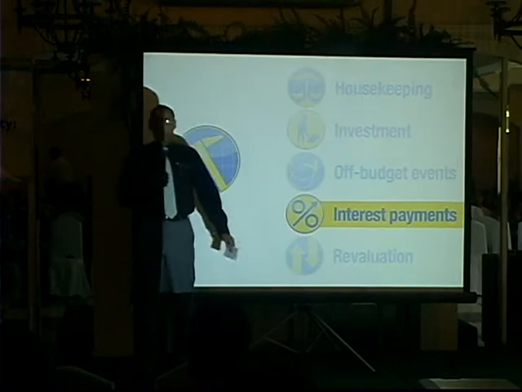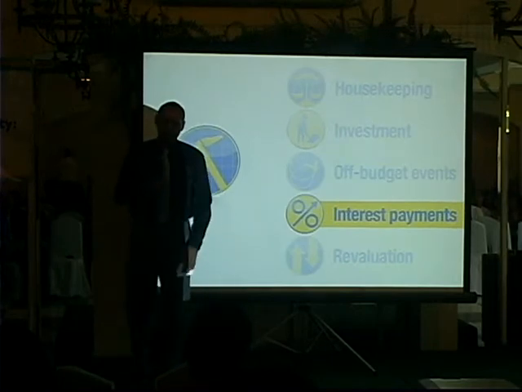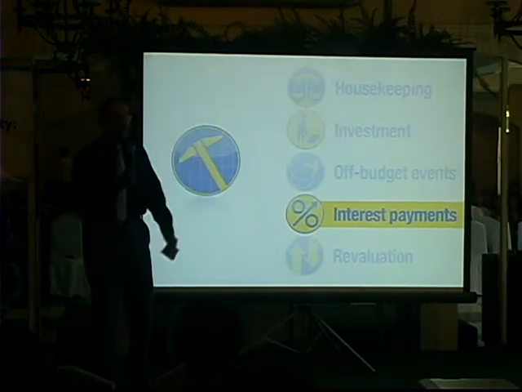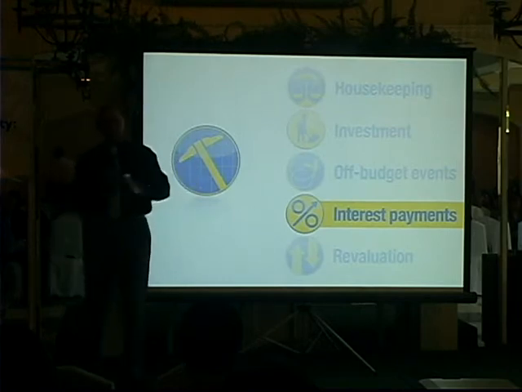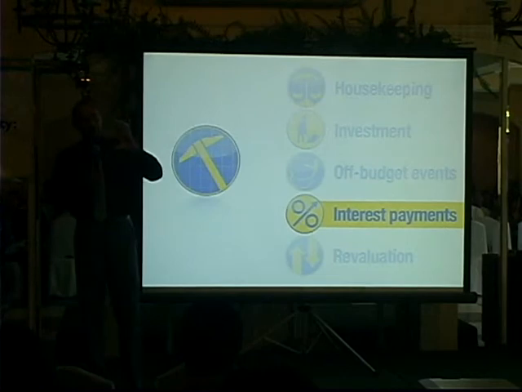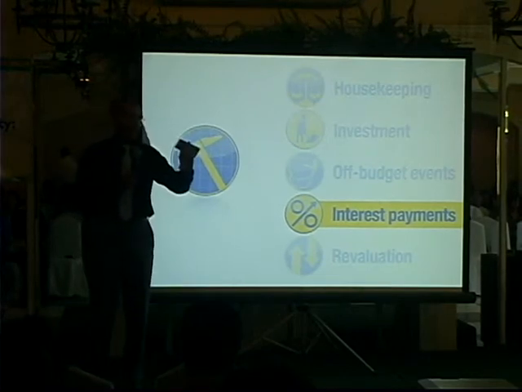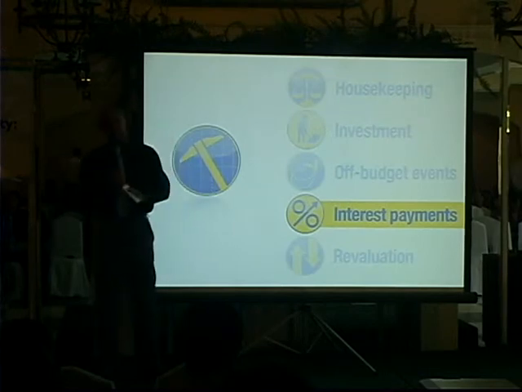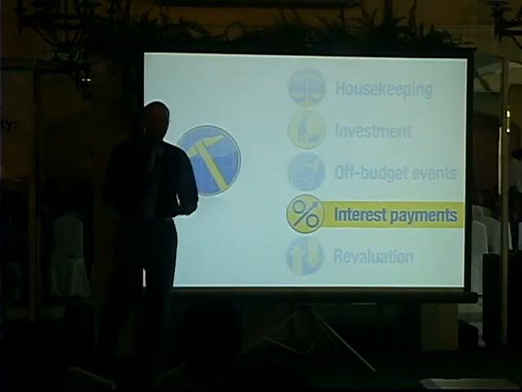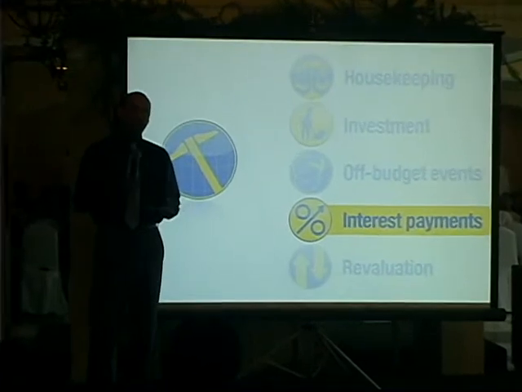The third element of the government's fiscal accounts is debt servicing. Interest in particular, not counting amortization, just focusing on paying interest on the public debt. But we're not going to use the nominal money value of interest payments because that's not very informative.